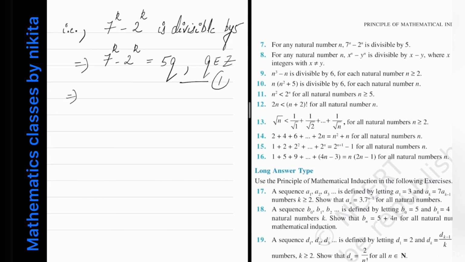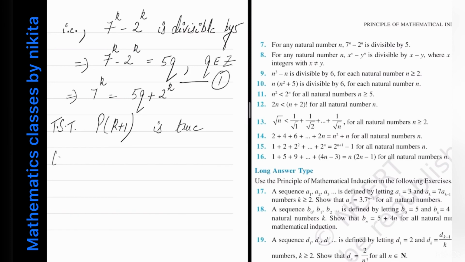ठीक है, और यहाँ से आप 7 to the power K को लिख सकते हो 5Q plus 2 to the power K. ठीक है, it's up to you. देखते हैं हम इसको यूज़ कैसे करते हैं, but we have marked 1. So now we want to show that P of K plus 1 is true.